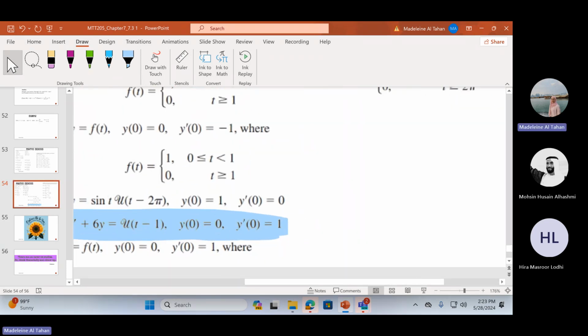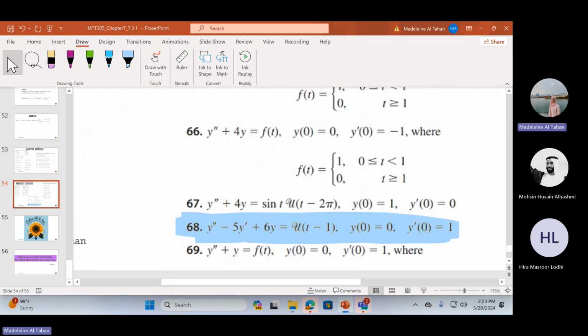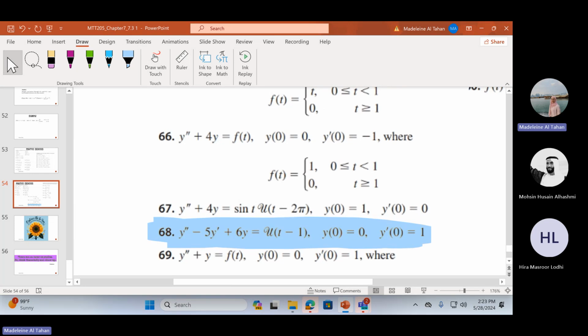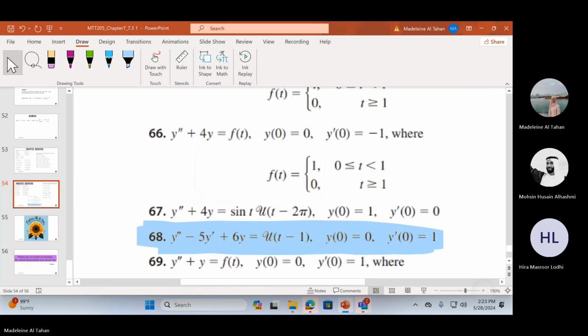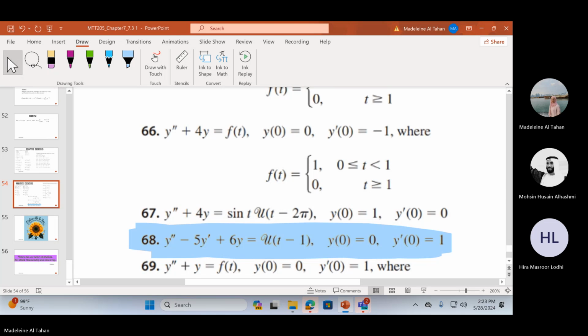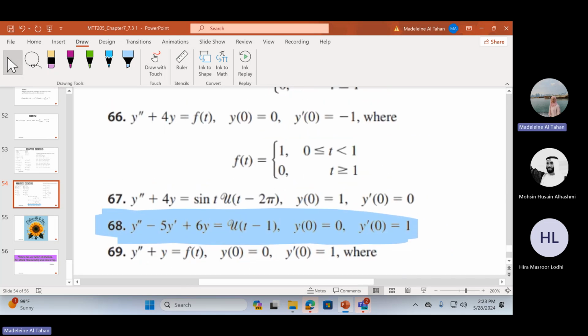I need to start with the blue equation. We need to solve it using Laplace transform. Should I zoom it more? This is okay now. Are you able to see it?